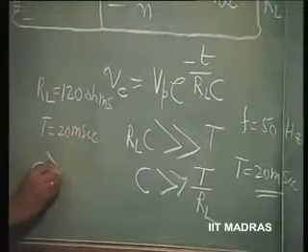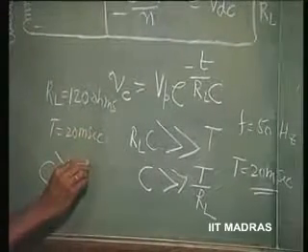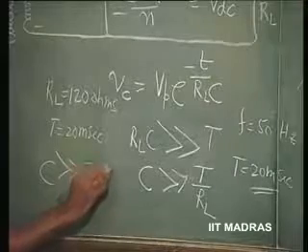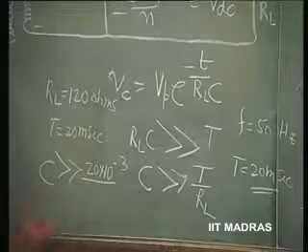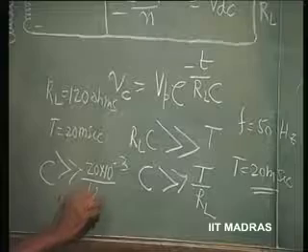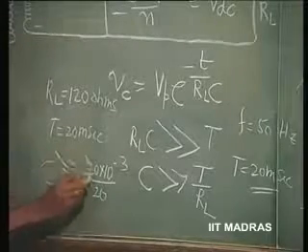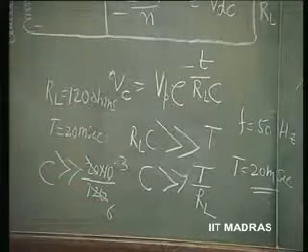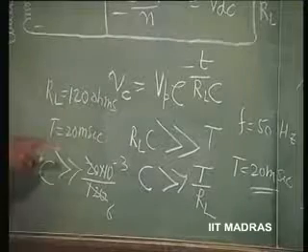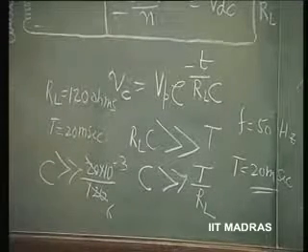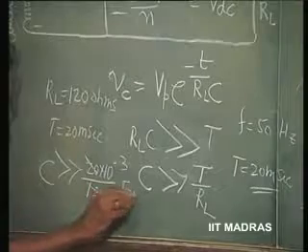So, C is to be made much greater than 20 milliseconds divided by 120 ohms, which is going to be 1 by 6 into 10 to the power minus 3 farads.